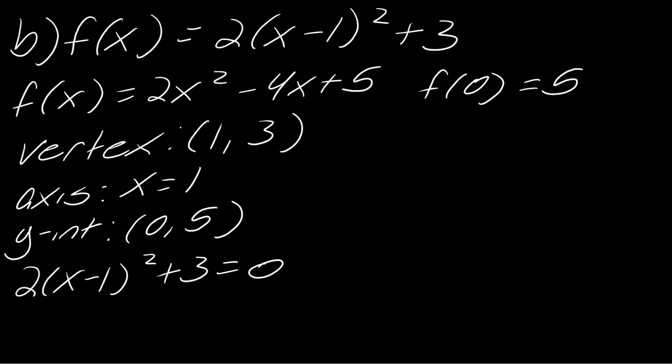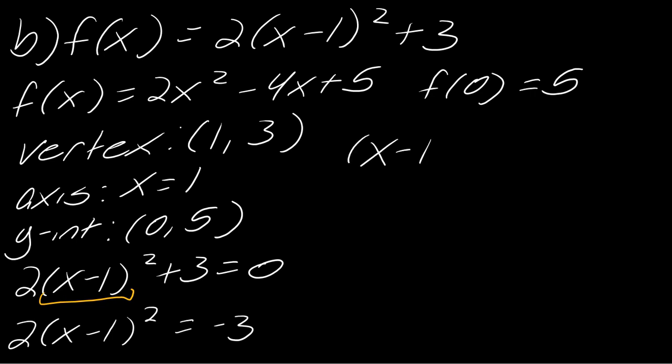So I'm going to use the square root property again, so I need to isolate this part right here. First I will subtract off the 3, and this should be a 2. And then I will divide both sides by 2. So I have (x minus 1) squared equals negative 3 over 2.